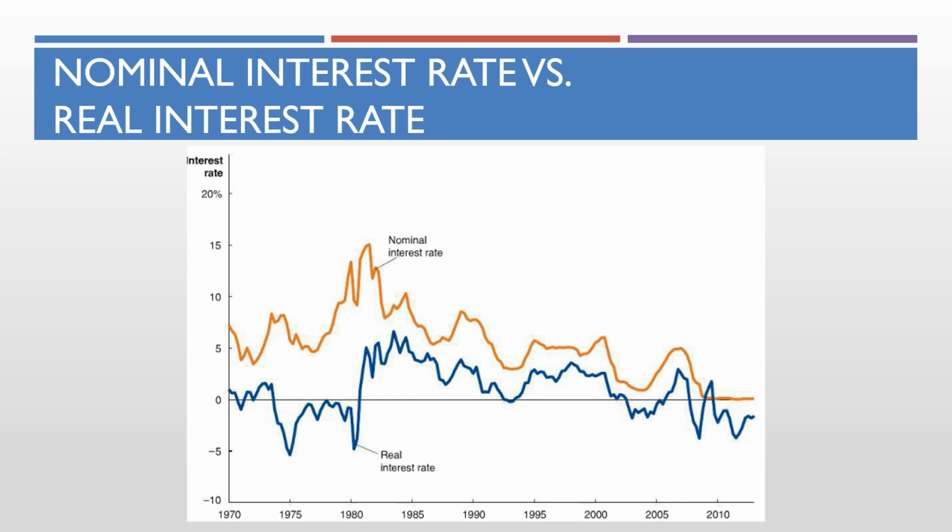So it's not true that we can set the nominal interest rate to be below zero, but it could be true when the inflation rate is so high, or the deflation is so high, that it drives the real interest rate to be lower or higher, right?